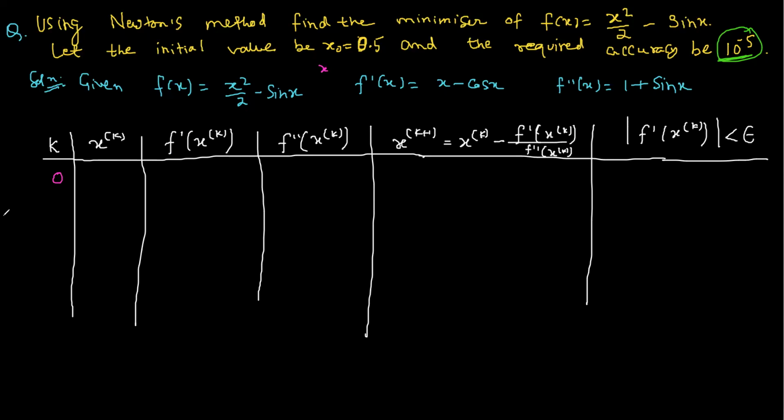X raised to 0 means x0. X raised to 1 means x1. So according to Newton method, you can write it this way. Only the representation is different, but both are the same thing. Understood? So x0 is what? 0.5.